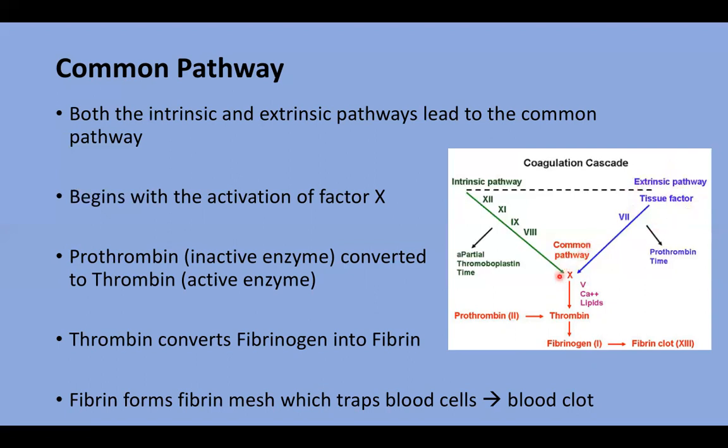The common pathway starts with the activation of 10. 10 is going to convert the inactive enzyme prothrombin to the active enzyme thrombin. The active enzyme thrombin is going to convert fibrinogen into fibrin, and it's this fibrin which is going to be the mesh-like structure that is the base of the blood clot itself.